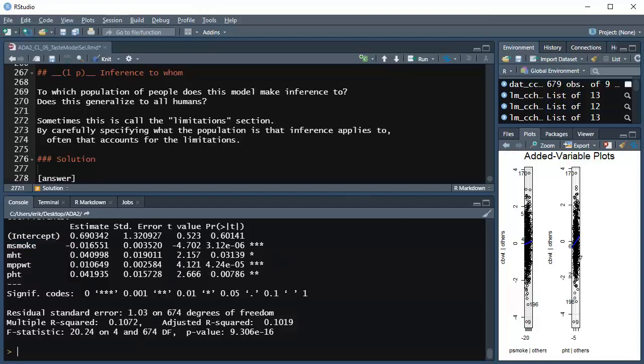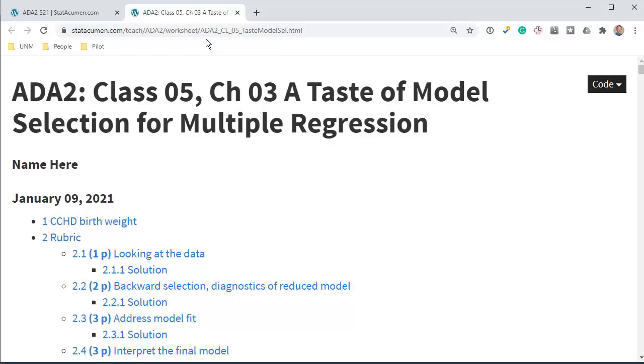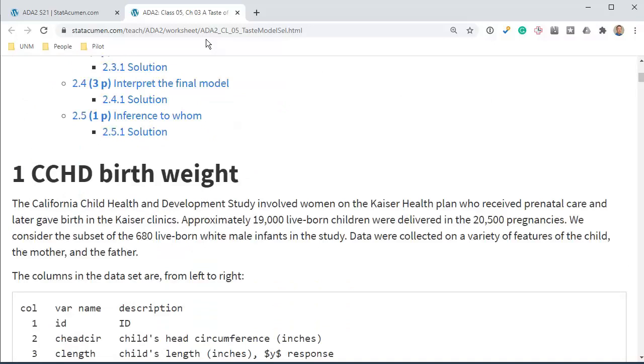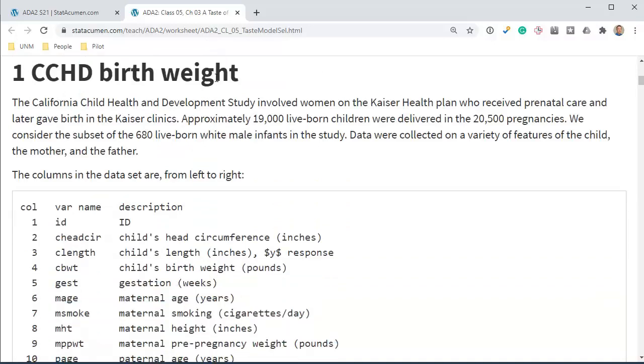But to whom does this actually apply? Well, this model applies to basically the group of people who were sampled. So this is only for live-born white male infants, for people living in California who are on the Kaiser Health Plan, who received prenatal care, right?